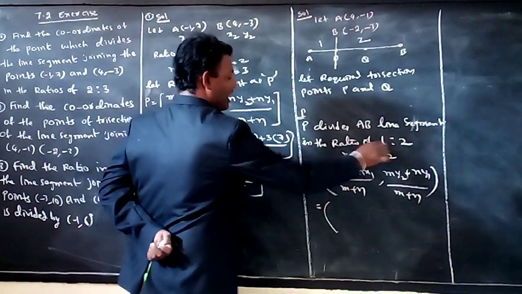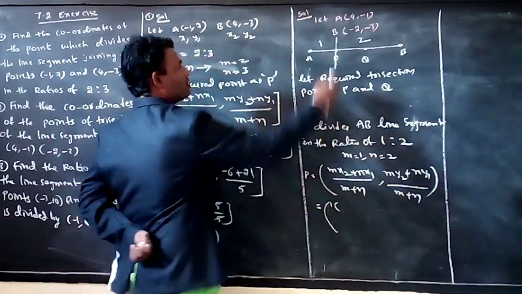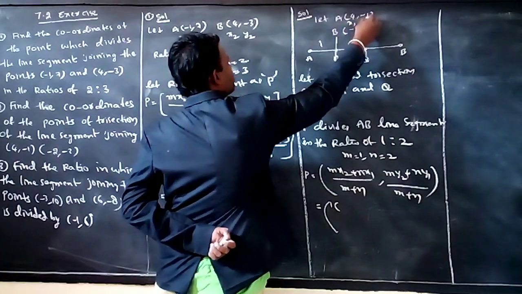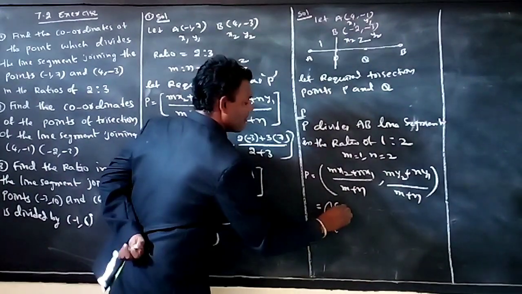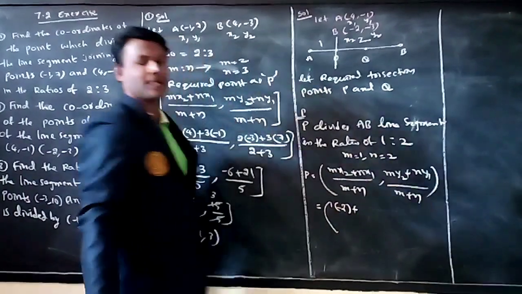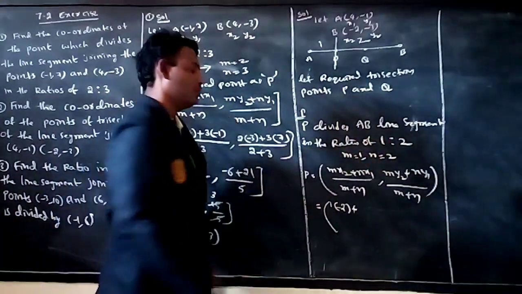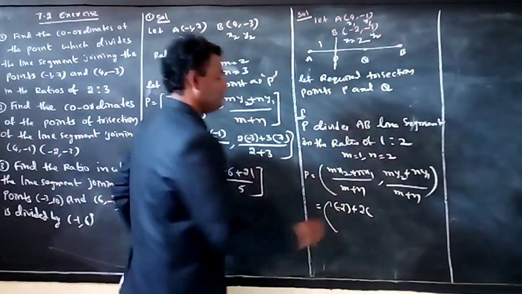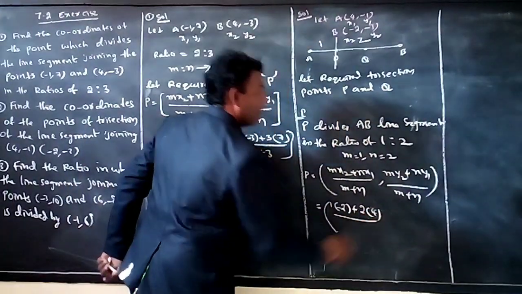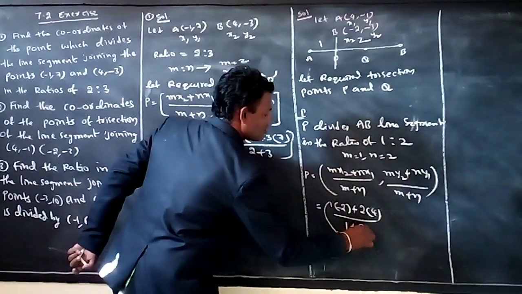M means already we know 1. Let the points be (x1, y1) and (x2, y2). X2 means minus 2, plus n means 2, the value of n is 2, into x1 means 4, by m plus n, it means 1 plus 2.